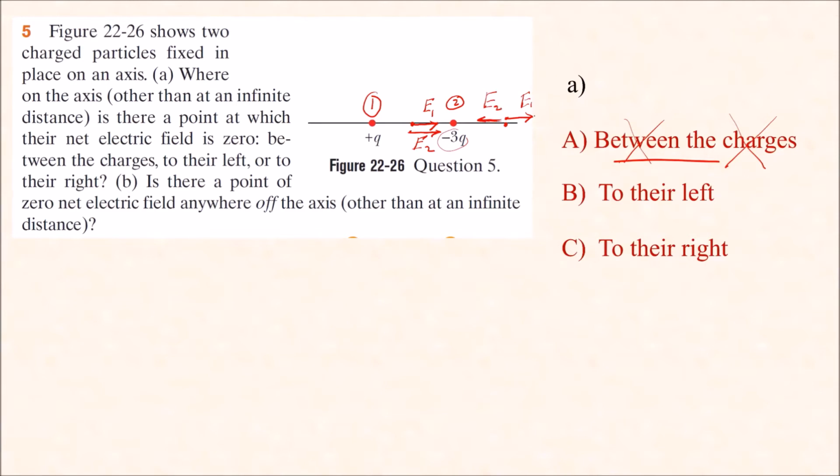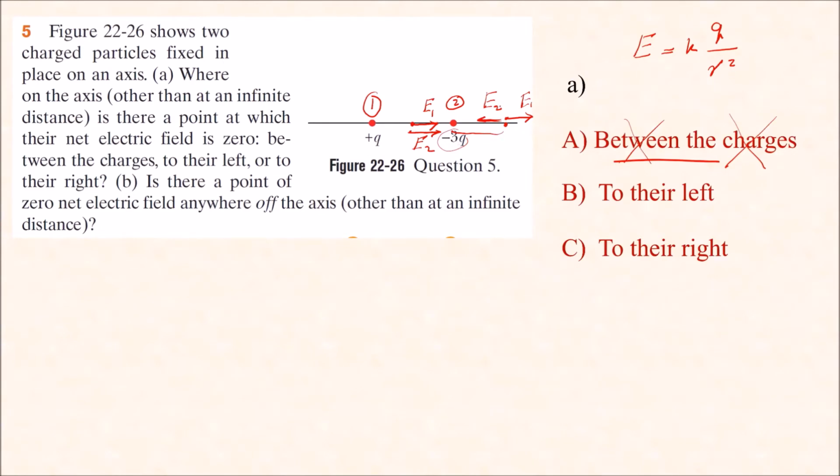But is it possible that E2 and E1 are the same magnitude so that they can cancel each other? Remember, the electric field is kQ over R squared. So if you have a larger charge with a smaller distance, the electric field is bigger. If you have a smaller charge at a larger distance, the electric field is smaller. Now you see in this situation, the negative 3Q, the larger charge, is closer.